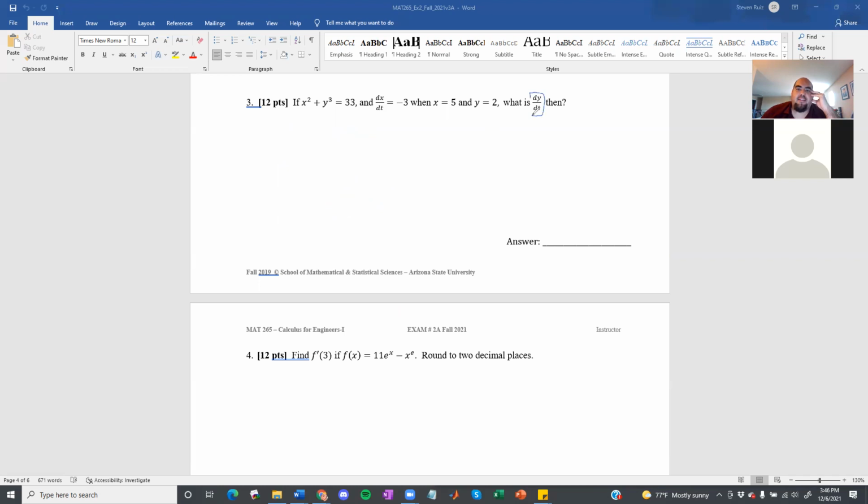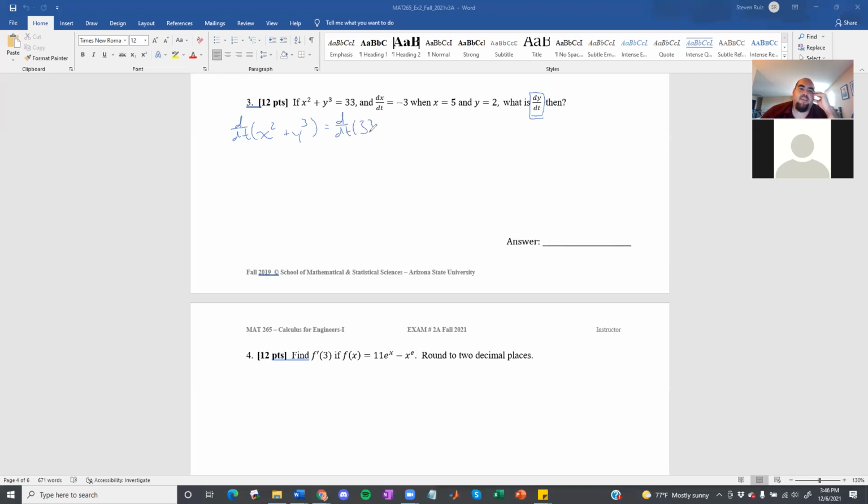Okay, here's what I would advise instead. You want this dy/dt. So instead of differentiating with respect to x, we can differentiate with respect to t, to time. I'm going to differentiate both sides of this in terms of dt.